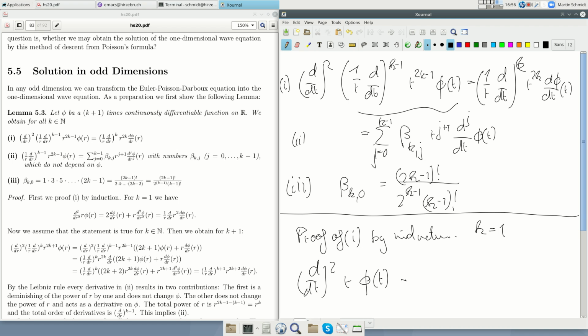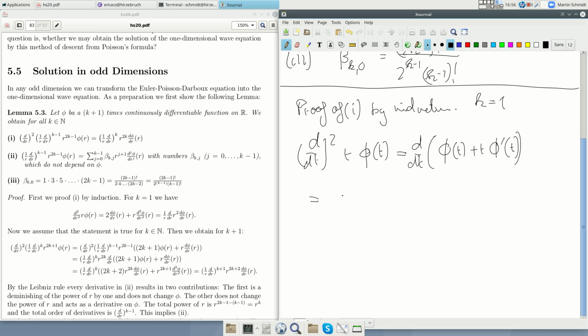Okay, let's do the calculation. What we get, we have the Leibniz rule, d by dr, and then we have phi of r plus r times phi prime of r, and of course now we do the second derivative, and then we get phi prime of r plus another phi prime of r, plus r times phi double prime of r.